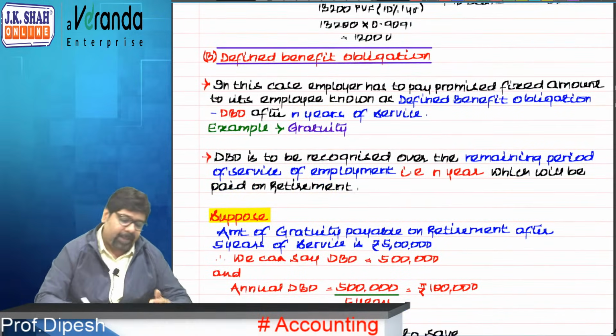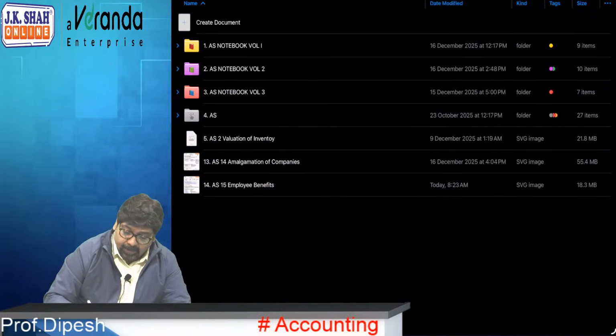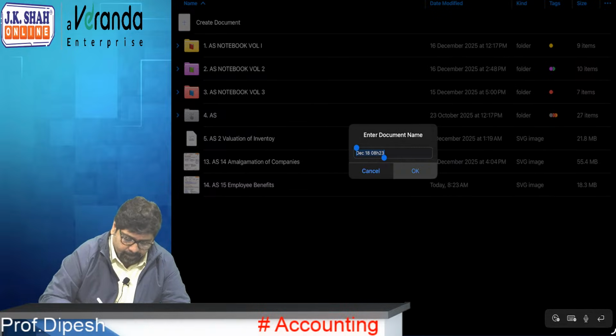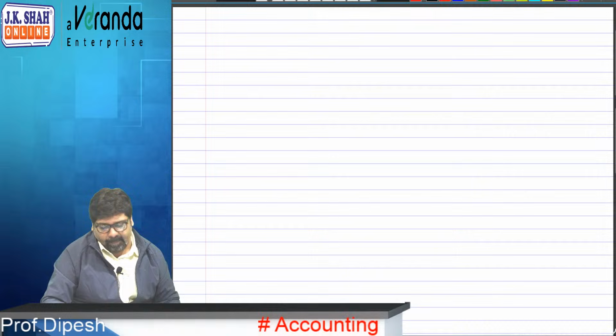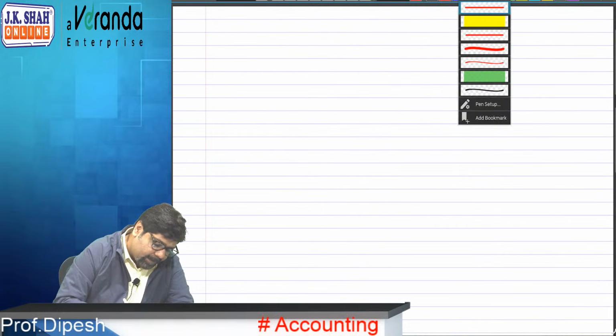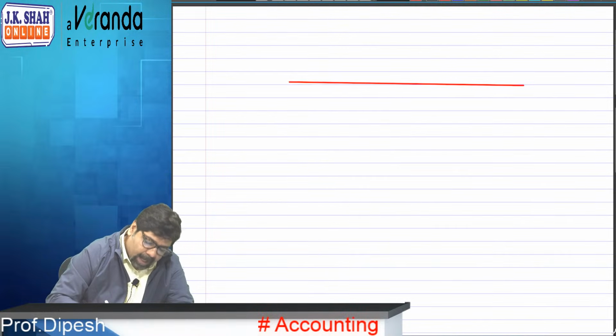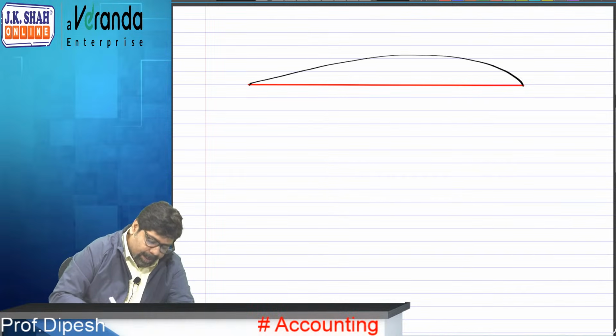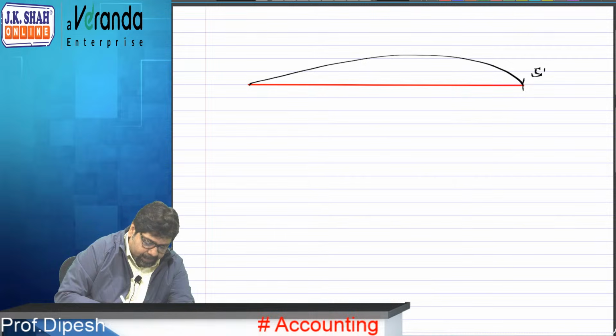Defined benefit obligation. Now, in defined benefit obligation, I have told the employee that I will pay you 5 lakhs after 5 years, suppose.